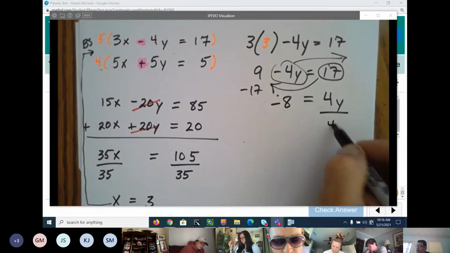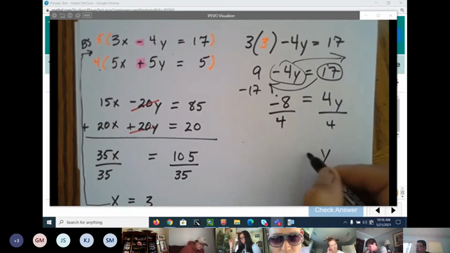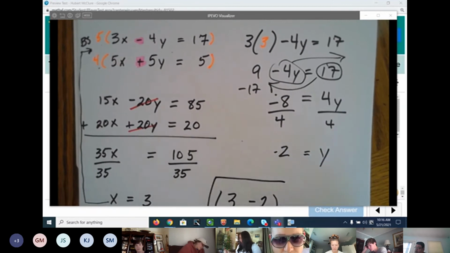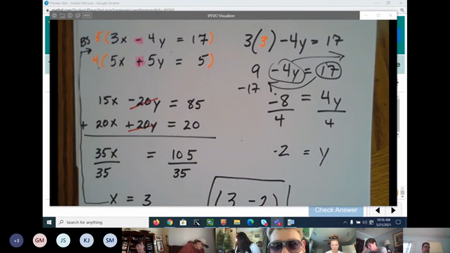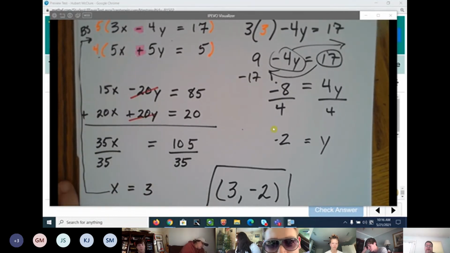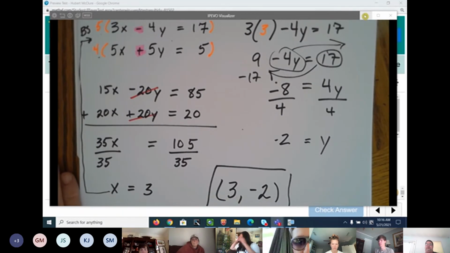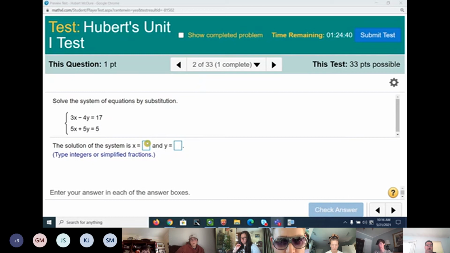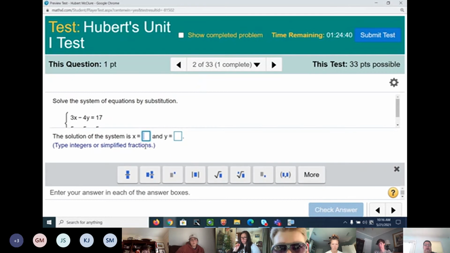Divide by 4. Y is equal to negative 2. So these two lines intersect at 3 and negative 2. So you take your handy dandy test and type in parentheses 3 comma negative 2 close parentheses.